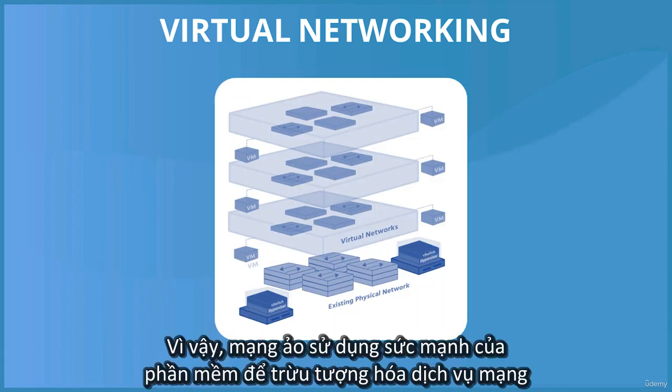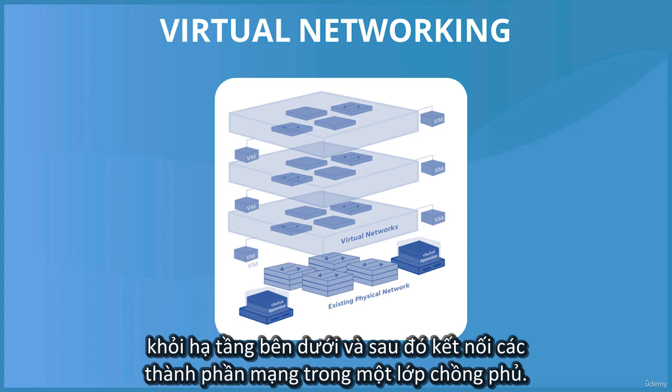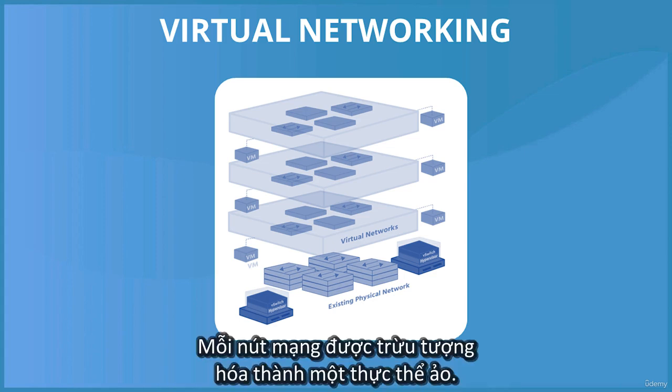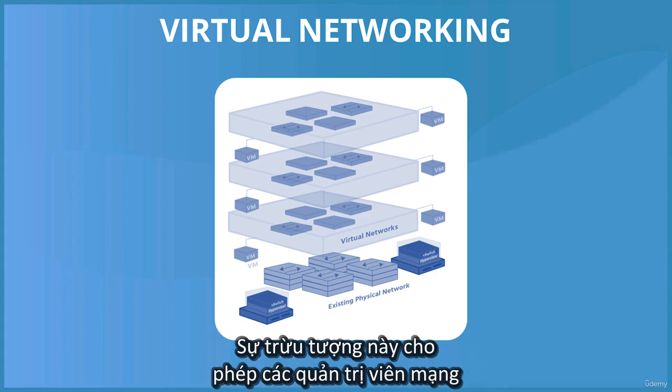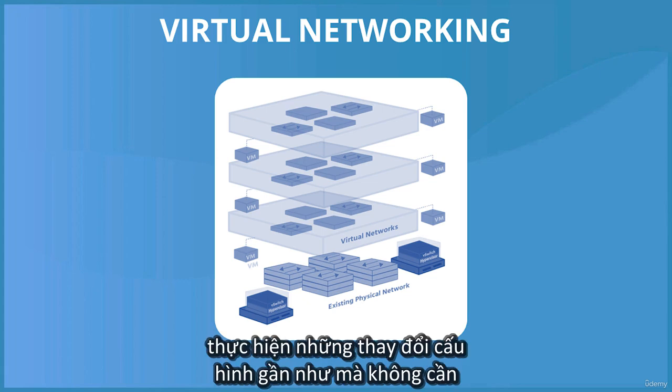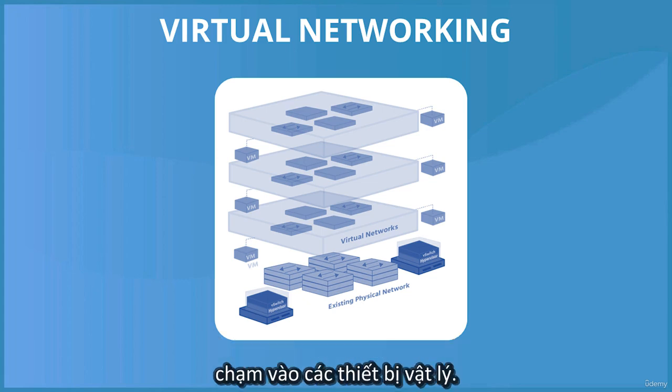Right? So virtual networking uses the power of software to abstract network services from the underlying infrastructure and then connect network components in an overlay. Each network node is abstracted into a virtual entity. This abstraction enables network administrators to make configuration changes virtually without even touching the physical devices.